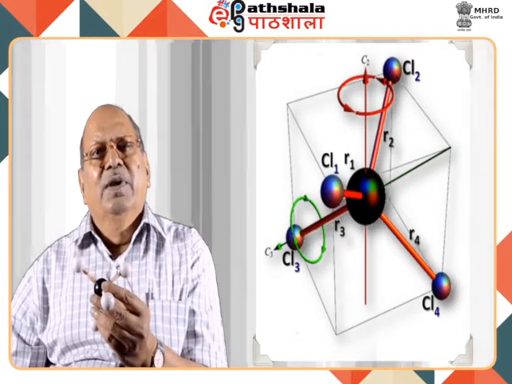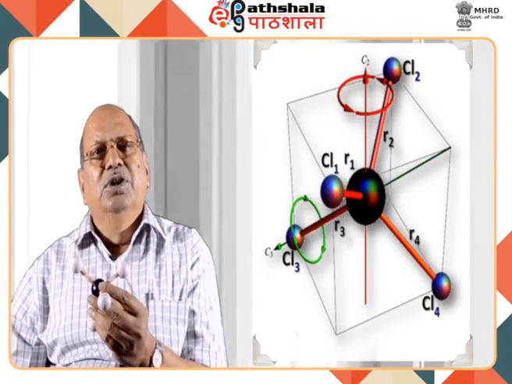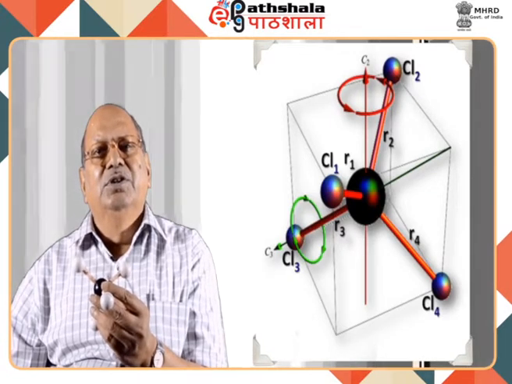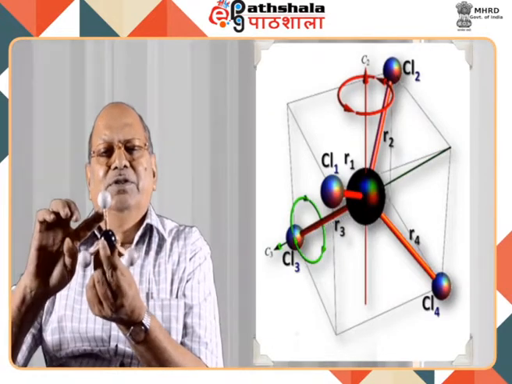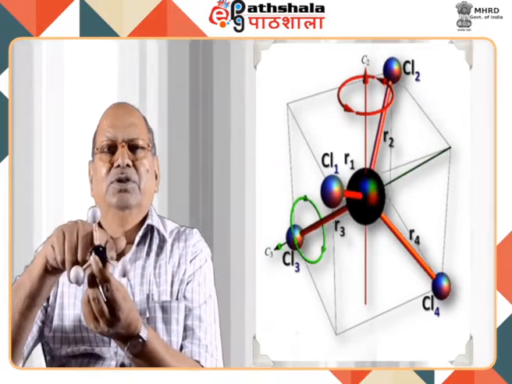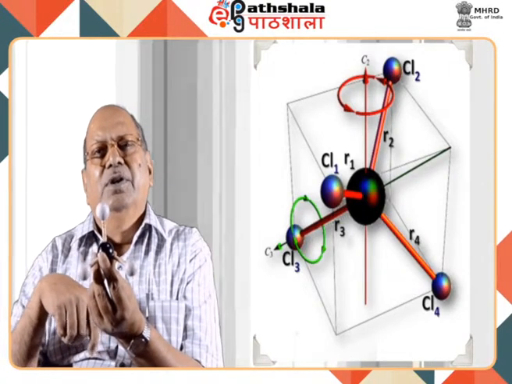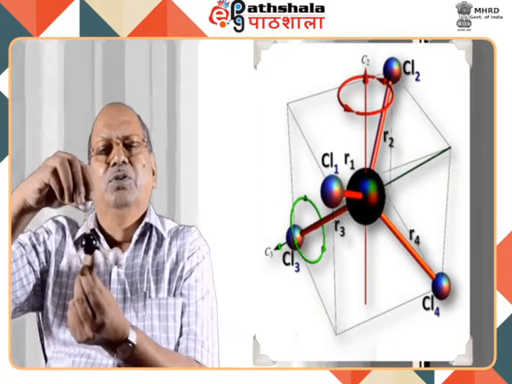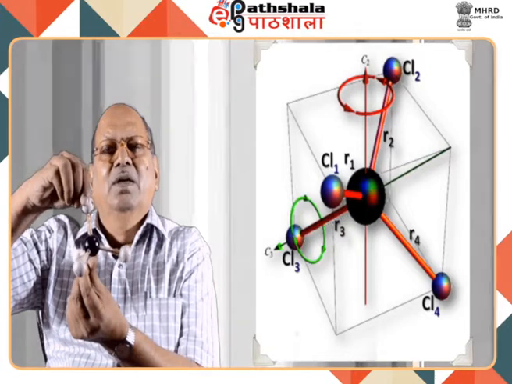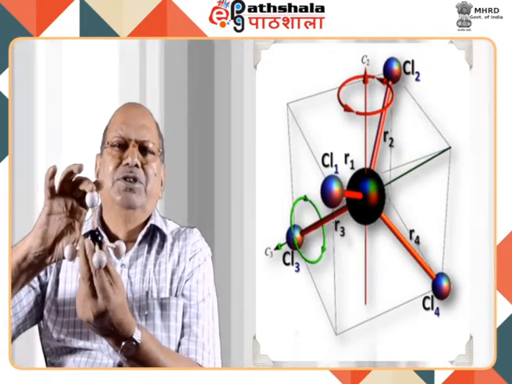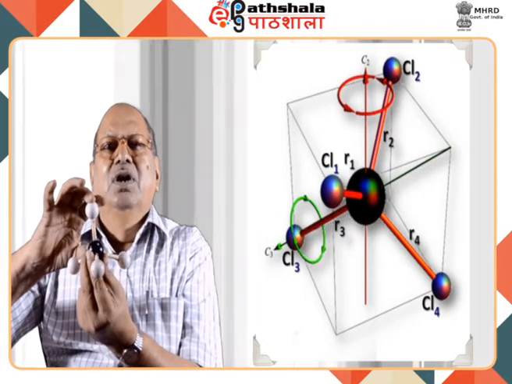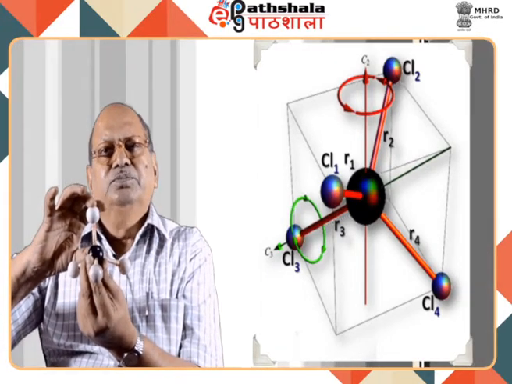And here this table shows the effect on the bond vectors. These are the unshifted vectors. E means there are 4 bond vectors, this one, this one, this one, this one. All are unshifted. If I go for the C3 rotation like this, only one bond vector, the one along which the rotation is carried out, is unshifted.